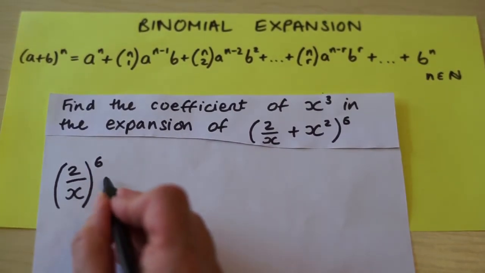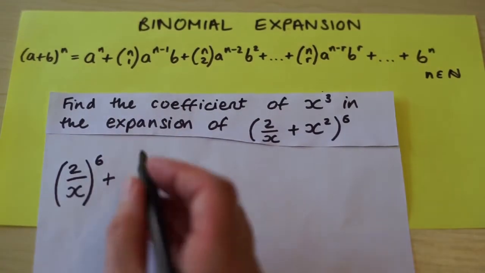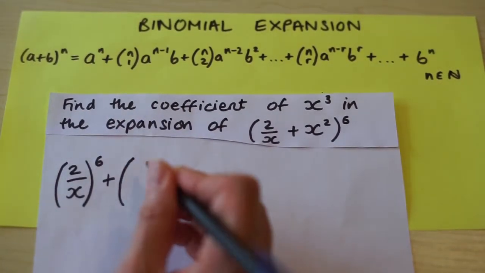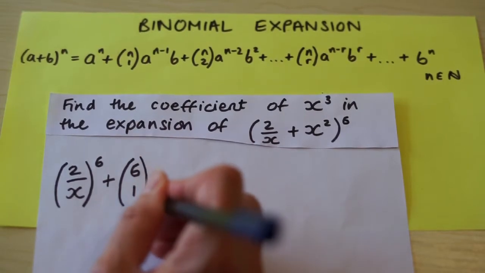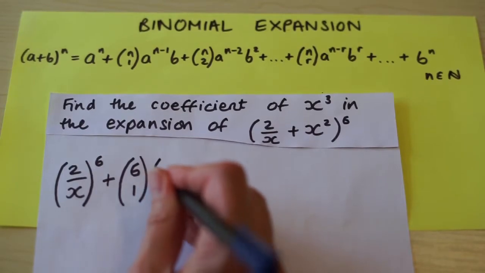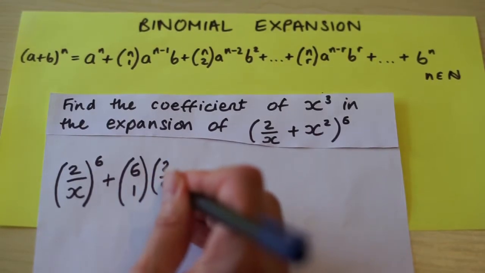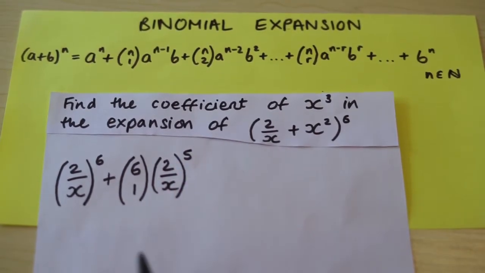And here we have the first term. The second term is done by doing 6 choose 1, followed by the a term to the power of 5.